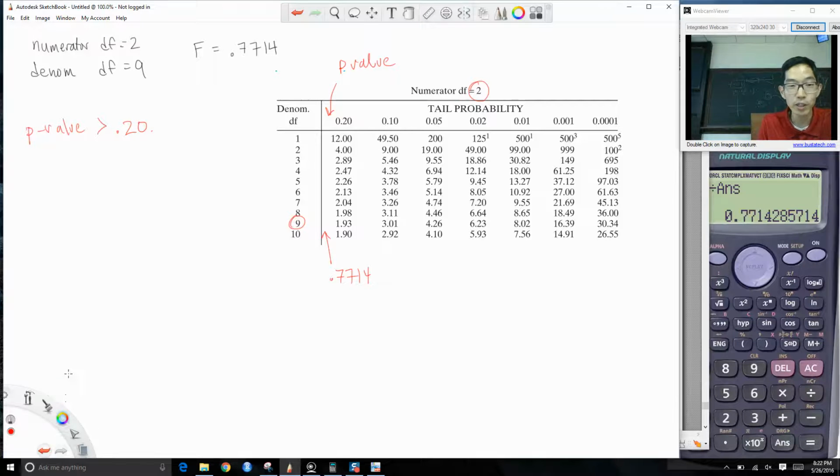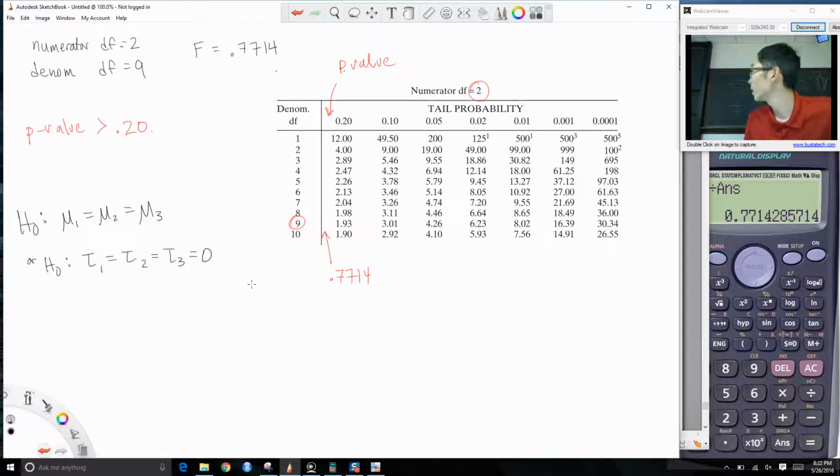So if you recall, our null hypothesis was basically that mu1 is equal to mu2 equal to mu3, or we could also write the null hypothesis as saying that the effect of each group was basically nothing, that the 3 diets really had no effect on average weight.